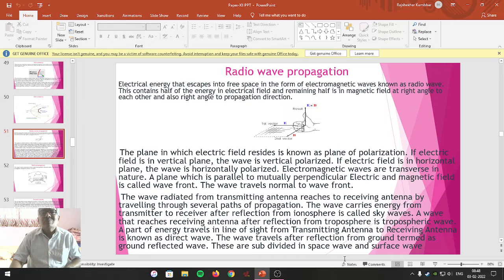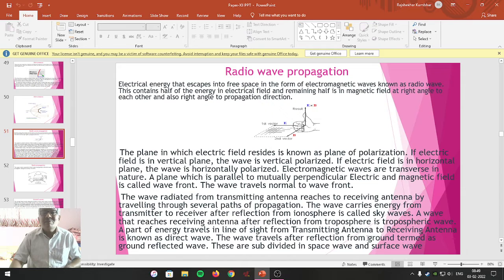This radio propagation takes place by sky wave, tropospheric wave, space wave containing the direct wave and ground reflected wave, and also the surface wave or ground wave that carries the energy by touching the Earth's surface.